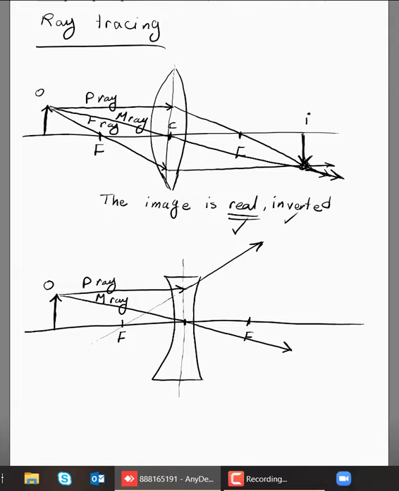So we'll say that if I have a beam of light that passes through the lens in a way that it would pass through the focal point if it were not to refract, but we know that it will refract, of course, then it will refract parallel to the principal axis. Now this is the F ray, okay?